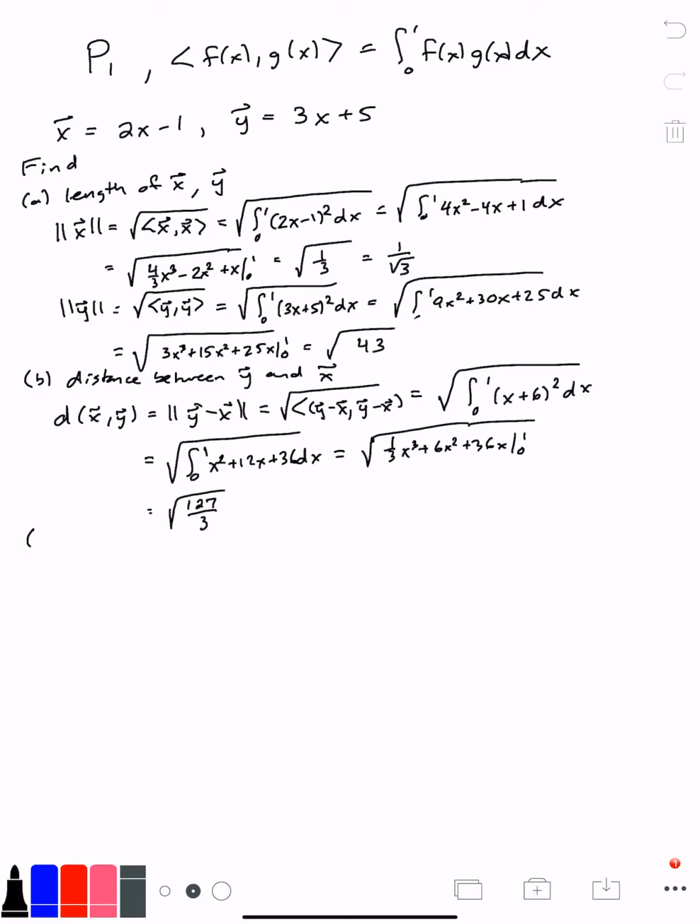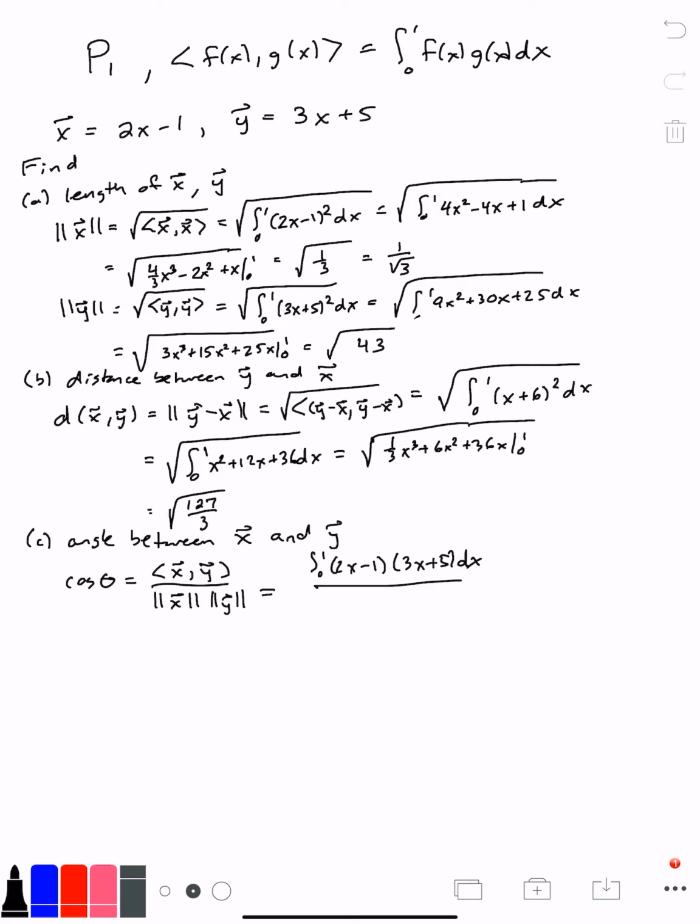What if I now want to find the angle between x and y? Well, for that, we use cosine theta is the inner product divided by the product of the two lengths. So the inner product is the integral 0 to 1, 2x minus 1 times 3x plus 5 dx. We know the length of x here. We know the length of y. And let's see here. We do that integral.